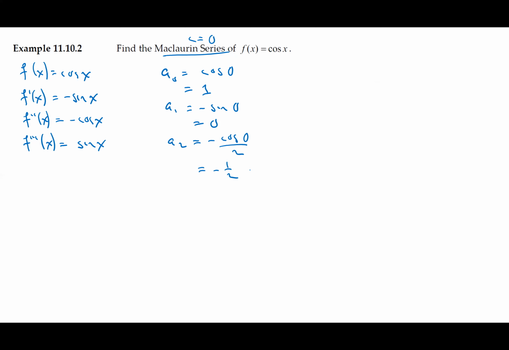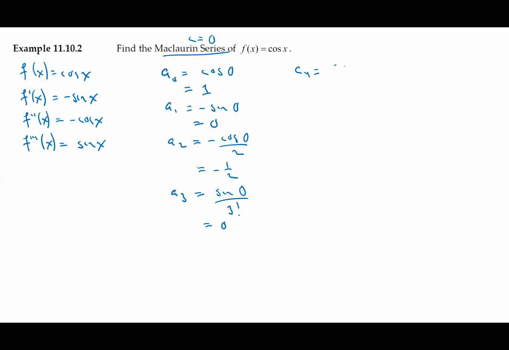And I'm looking for a pattern here, okay? A3 is going to be sine 0 over 3 factorial, which is 0.